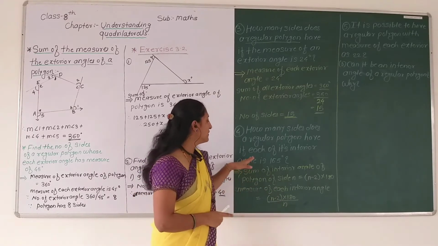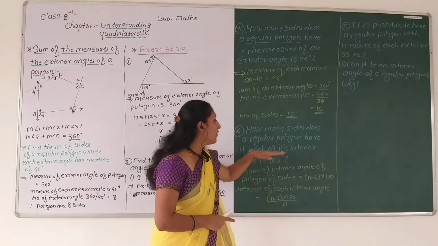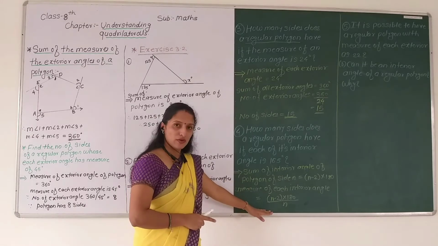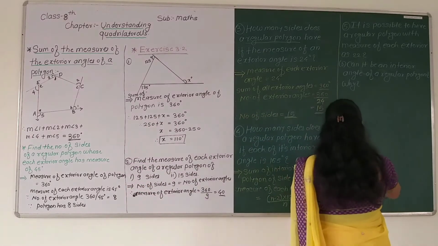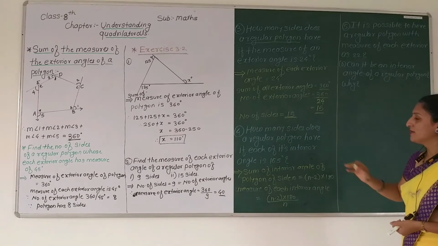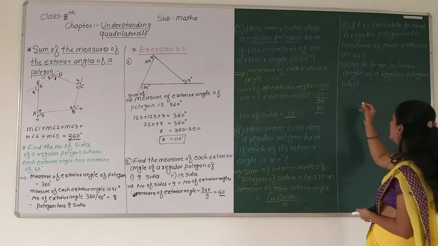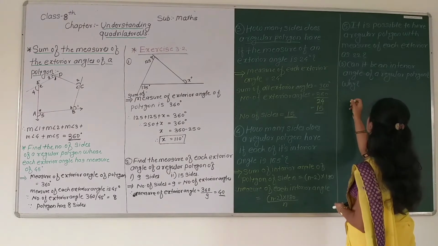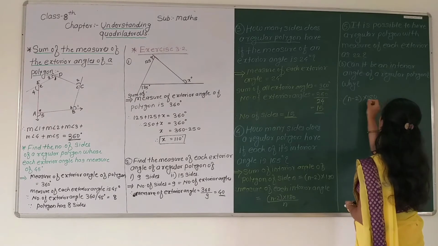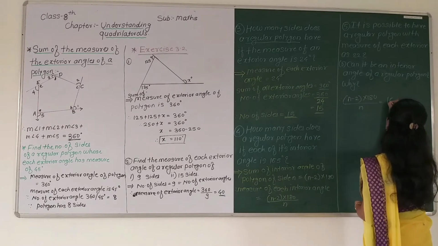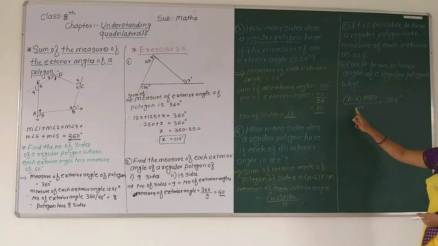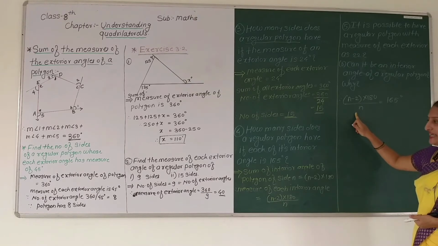And here we are given that the measure of each interior angle is 165 degrees. So using this linear equation, we can find how many sides the regular polygon has. We can write this as n minus 2 into 180 divided by n is equal to 165 degrees, since this is the measure of each interior angle.